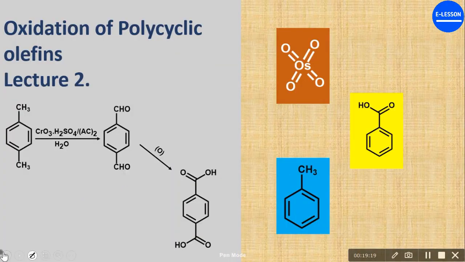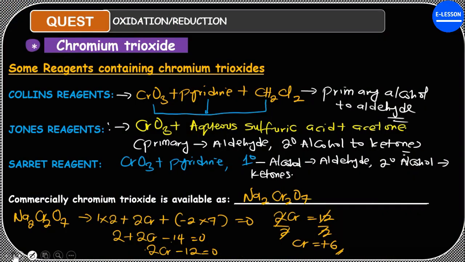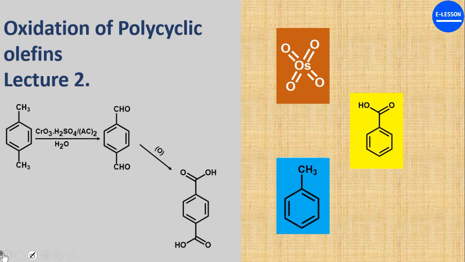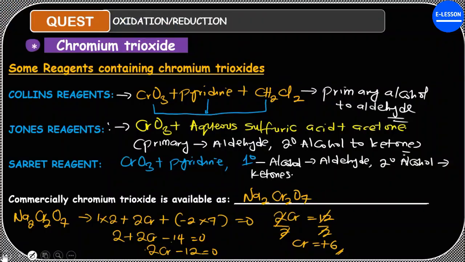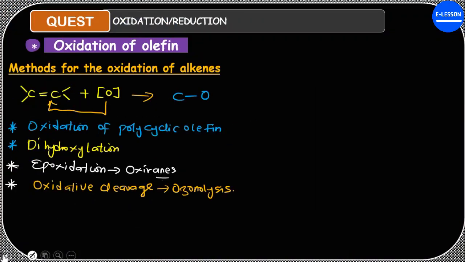Now, in our next lecture, we are going to look at how each of these reagents actually oxidizes alkene, which is oxidation of polycyclic olefin number 2. Because we said initially that the forms in which alkenes are oxidized are: oxidation of polycyclic olefin, dihydroxylation reaction, epoxidation reactions and oxirines, and then oxidative cleavage, which can be achieved by the process of ozonolysis.